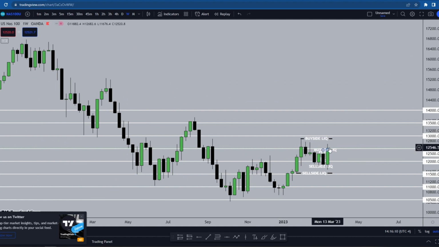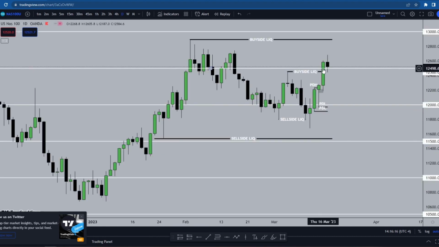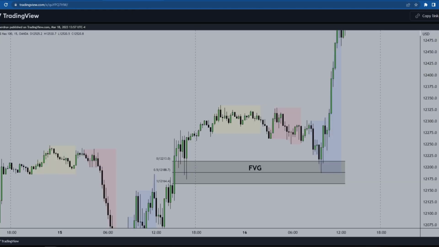So I am looking that this week this will go and take this high on weekly time frame, and on daily time frame it's already bullish. So my target will be this buy side liquidity for this week, and after that I will just wait for another confirmation for my bias, and then this is how I will go into smaller time frame and I will be taking trades. So I hope you guys like this video.